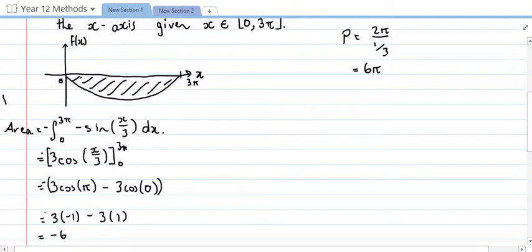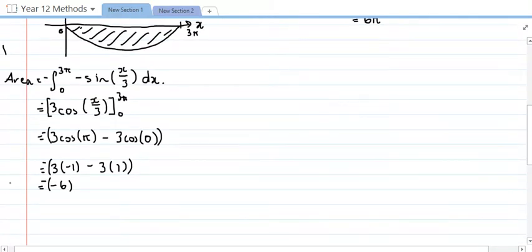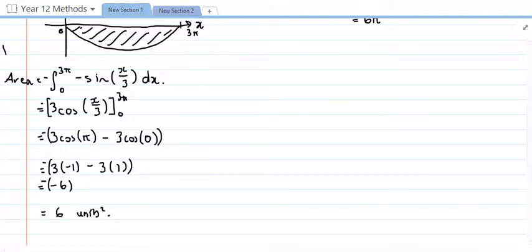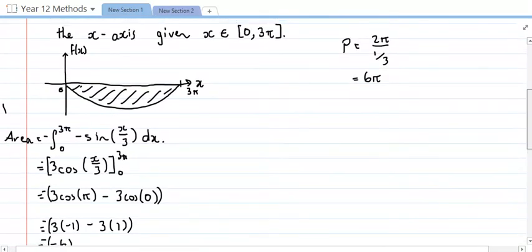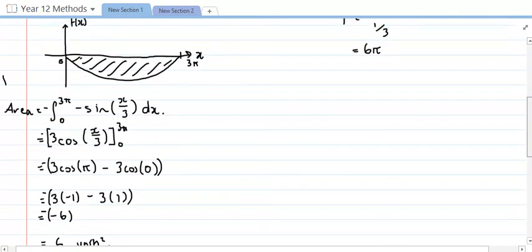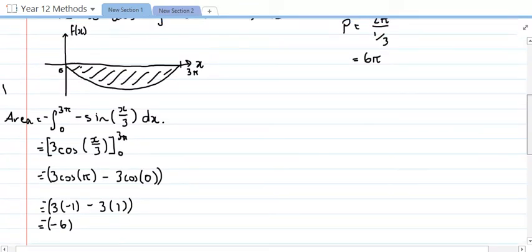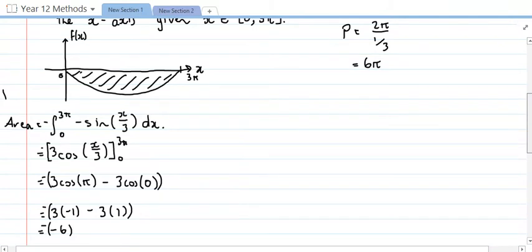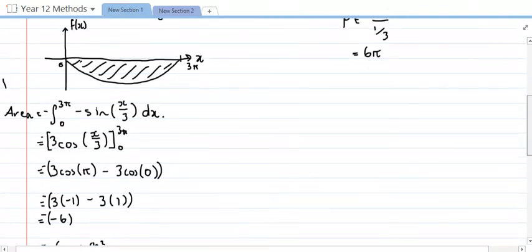So I can just do this, which makes it negative 6, which actually ends up giving us the 6 square units that we're after as the exact answer. It's pretty nice with these trig functions: a lot of them have really good exact value answers, which tend to be integers and that sort of thing. You can get some really awesome solutions from these kinds of problems.